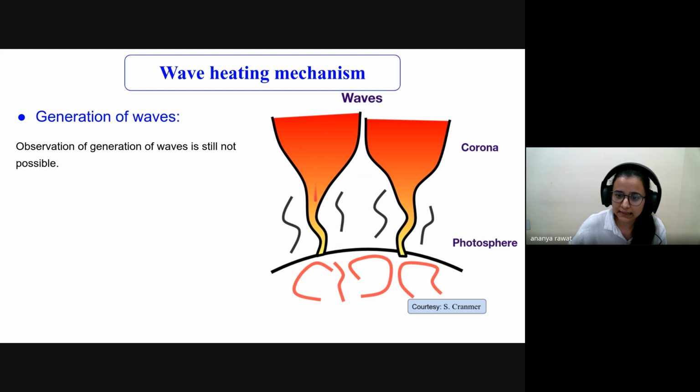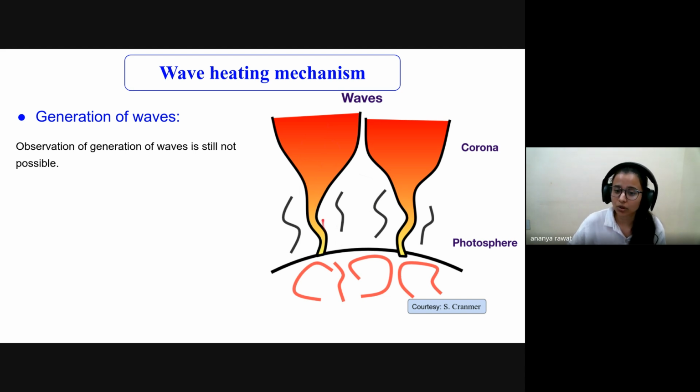Now, when we see these loop kind of structures which are coming out from the photosphere, there is convection motion happening below the photosphere, due to which granulation patterns are visible on the photosphere. Now, these granulation patterns shake these flux tubes and the waves are generated.